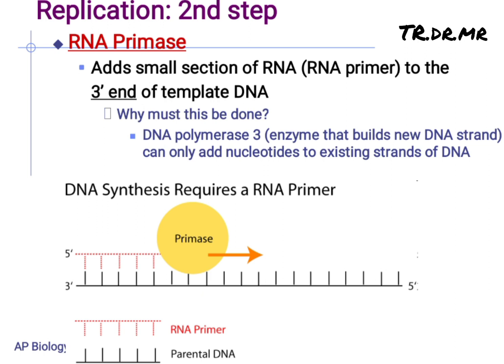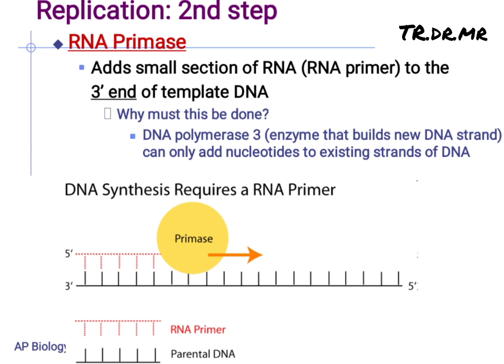But it cannot add nucleotides when there is no primer. DNA polymerase 3 has to combine nucleotides to the 3' end of a nucleotide. That means that it has to add to some chain that is already growing. So what usually happens is RNA primase comes and adds its own. It first forms RNA primers.